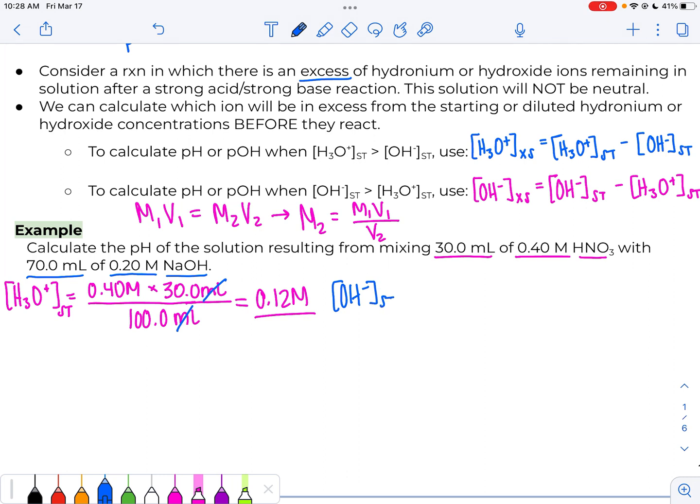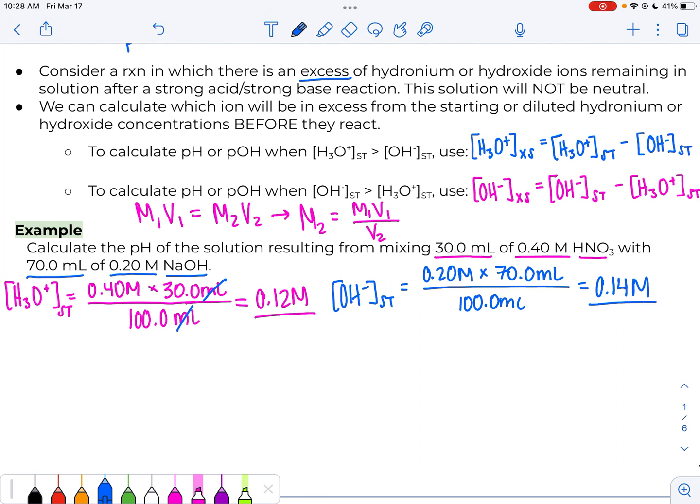So starting hydroxide concentration: we started out with a 0.2 molar solution that we had 70 milliliters of, and once I mix them, I'm getting 100 milliliters of total volume solution. So throwing this in my calculator, I get 0.14 molar. This is the concentration of my starting hydroxide.